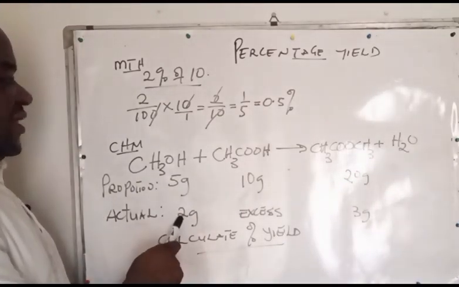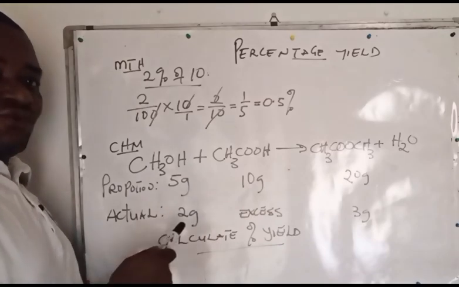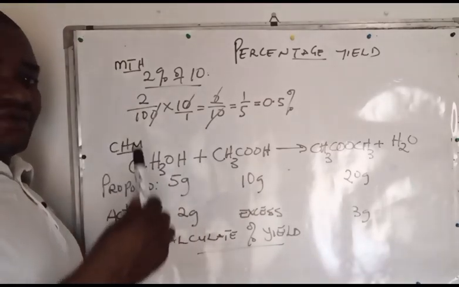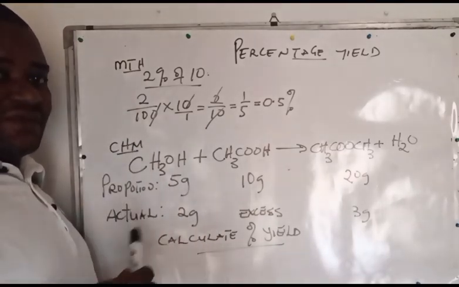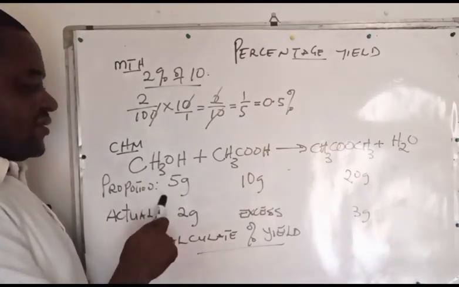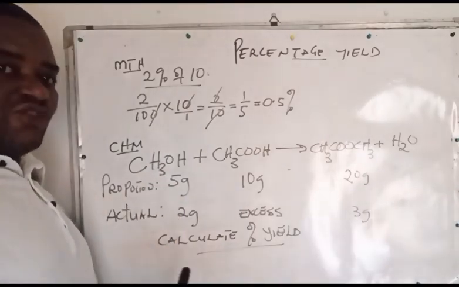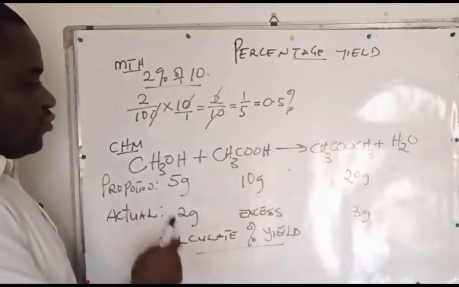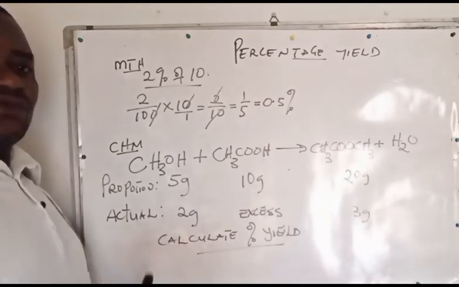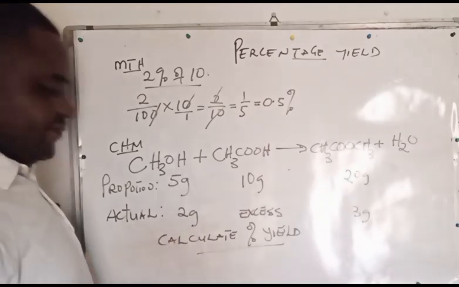It is the ethanol that contributed seriously to the reaction, remember what we discussed in rate of chemical reactions. So this reactant took part majorly in the reaction, and we are going to use it to calculate our yield.